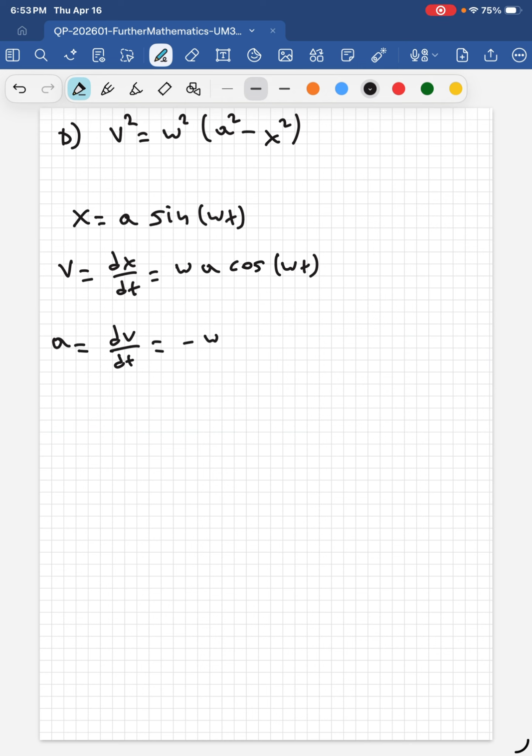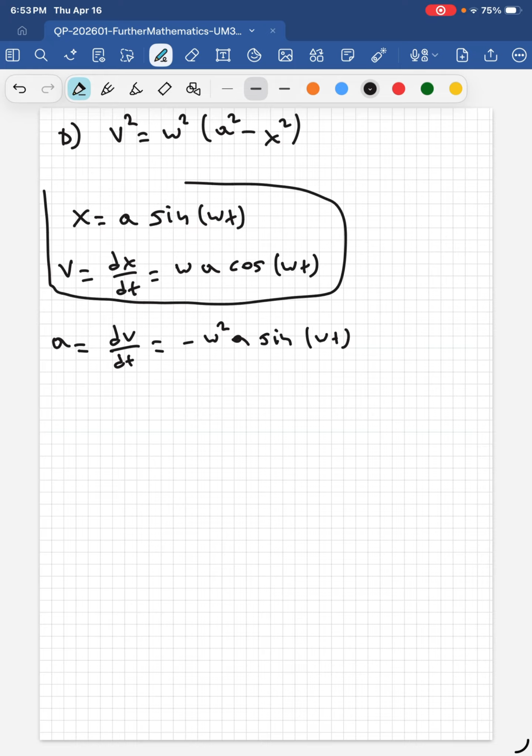Okay, so we get these really nice formulas. We will take these first two, we don't need the acceleration. And let's do the following. So we can multiply x with omega. So omega x is A omega sine omega t.